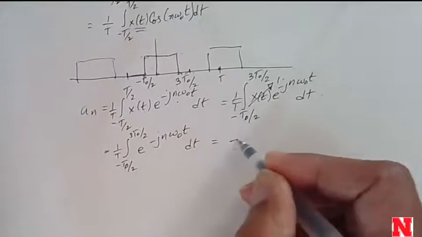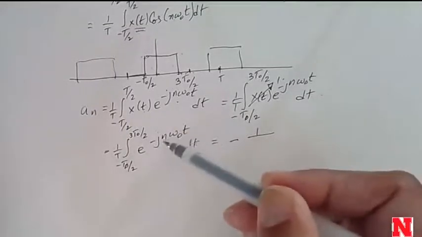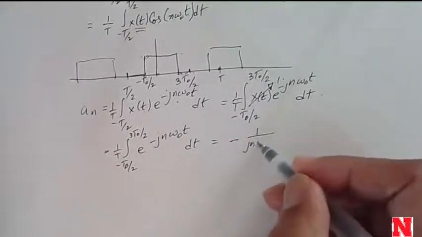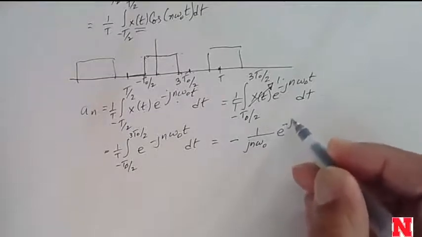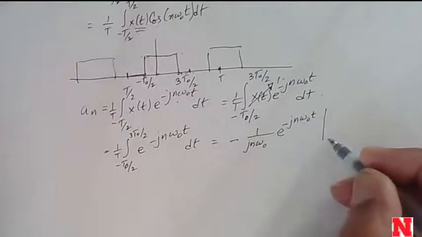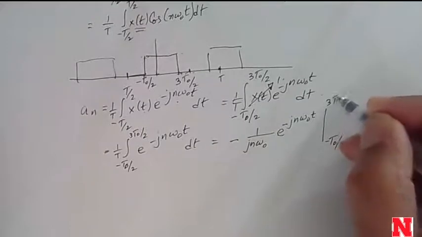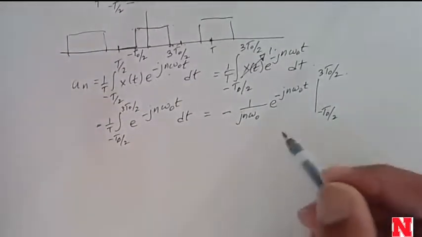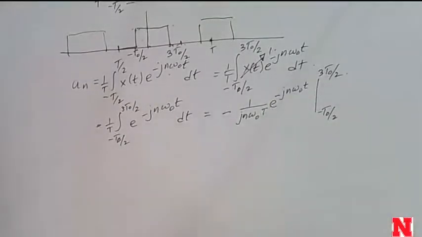So that's equal to minus 1 over, there's a T from here, and jn omega naught from here. So I'll write that as jn omega naught, and then I'll have e to the minus jn omega naught t evaluated between minus t0 over 2 and 3t0 over 2. And there was that T that I always forget, so there's that there.